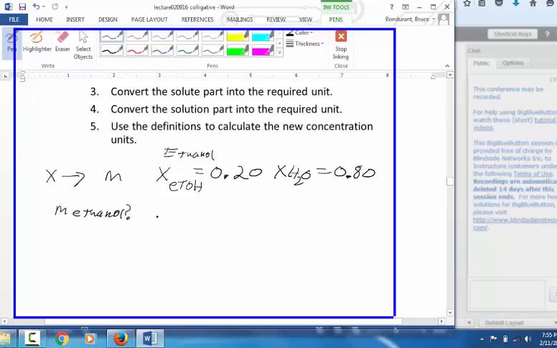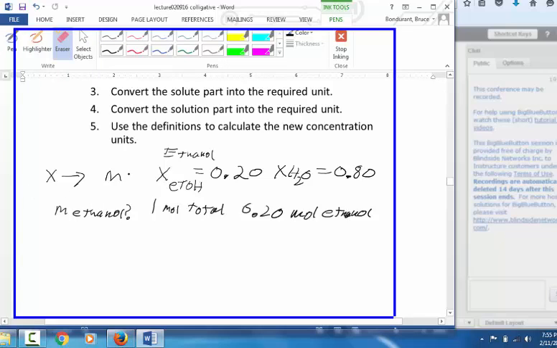So let's say I have one mole total, then I have 0.20 mole ethanol. And I pick on ethanol because I know it's something that's miscible with water.